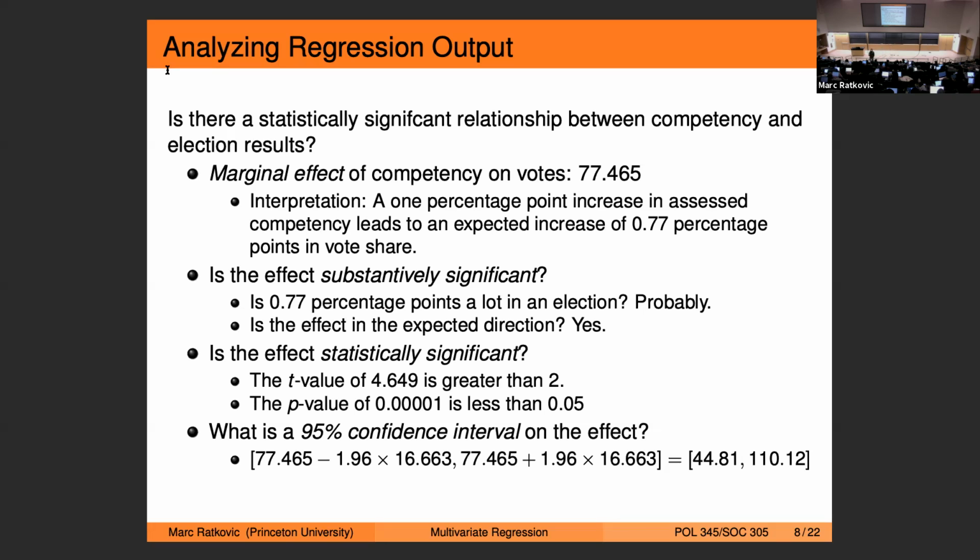Oh, so the question is what exactly does coverage mean? So they ran an experiment and they got 77.465 plus or minus 33. So let's say they got 77 plus or minus 33, right? We don't know if the true value is in there.